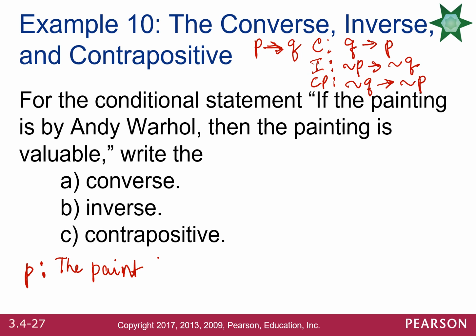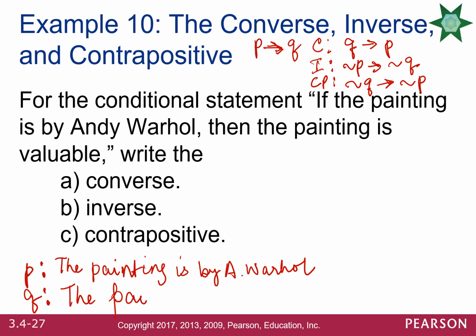Painting, sorry about that, let me correct the spelling here. Painting is by Andy Warhol. And Q would be the next part of the sentence, which is the painting is valuable, right?